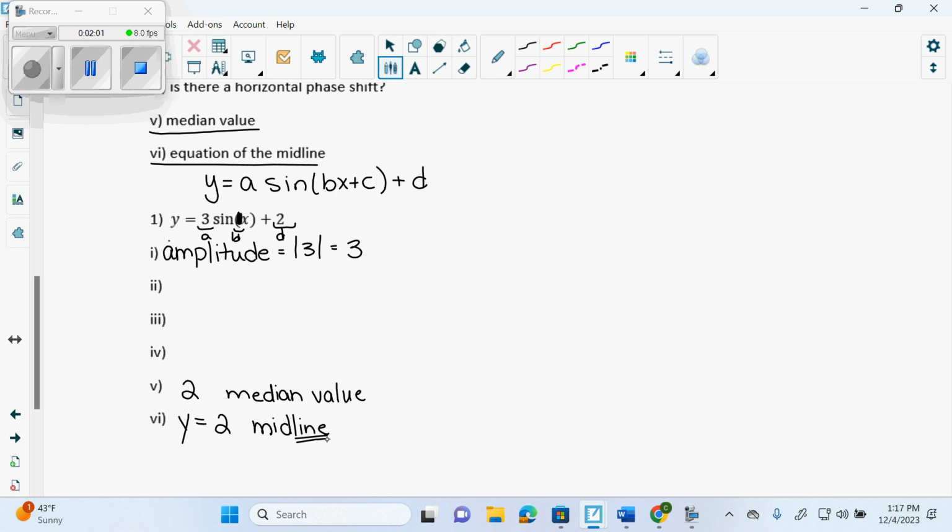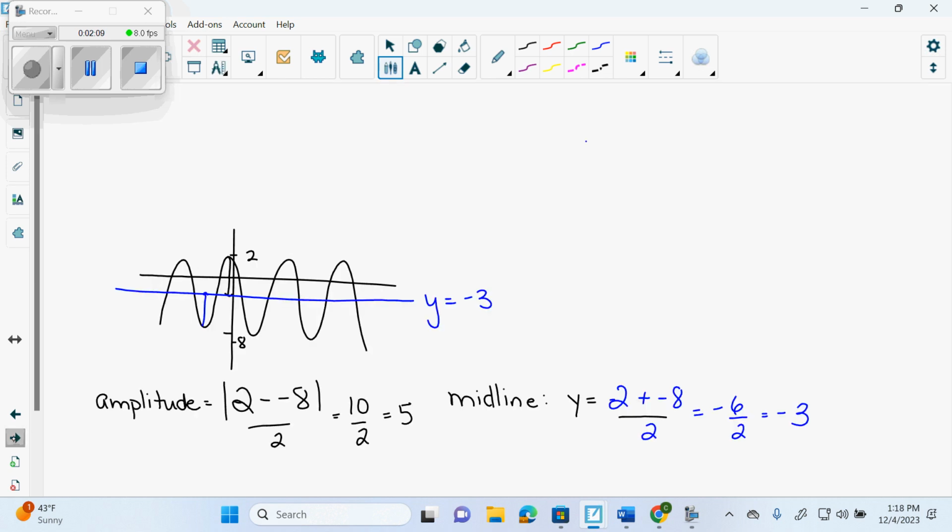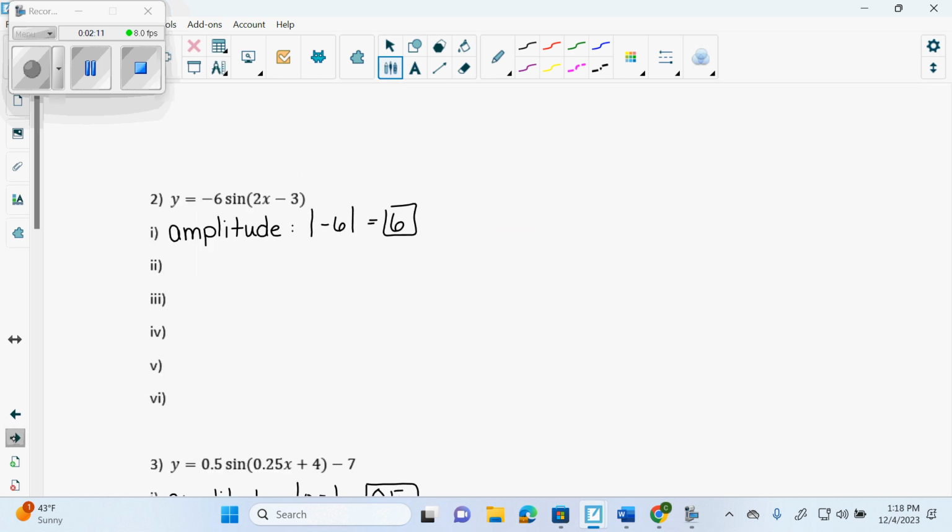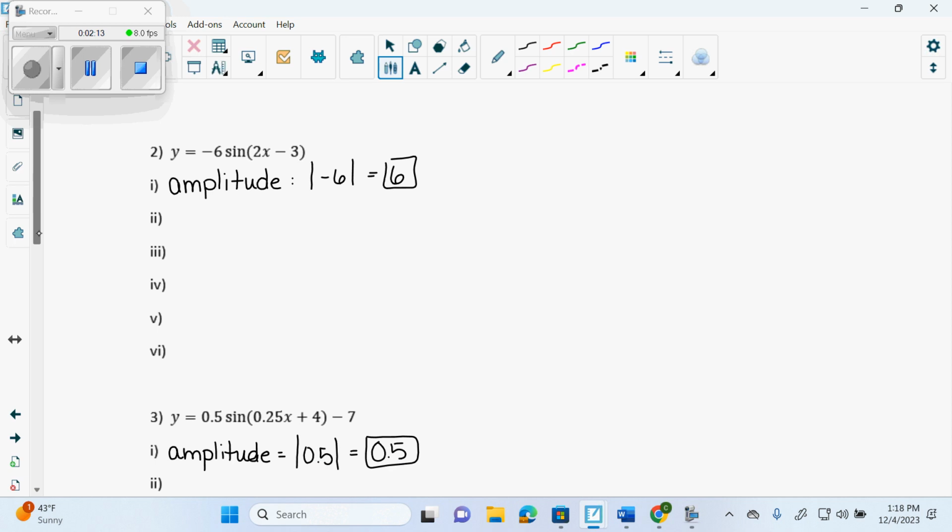Now we're going to flip ahead. Okay, what's the number at the back for this one? It's a plus 0. So what is my median value?